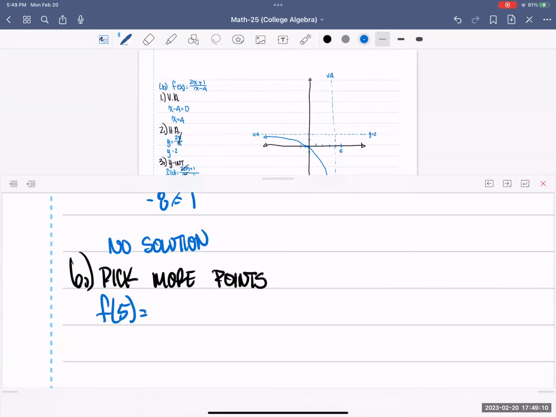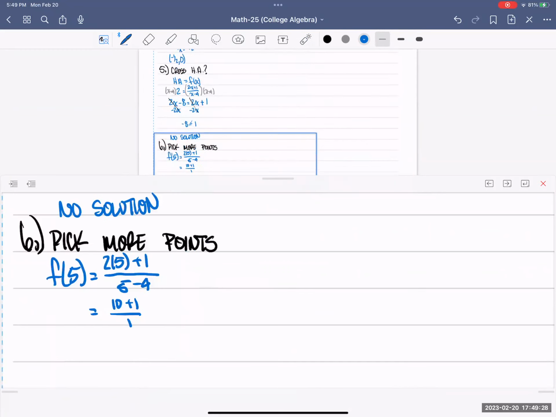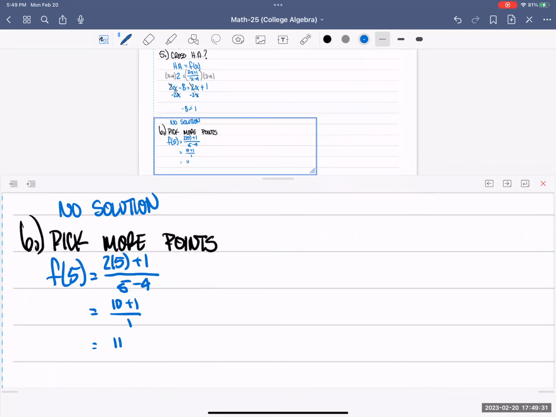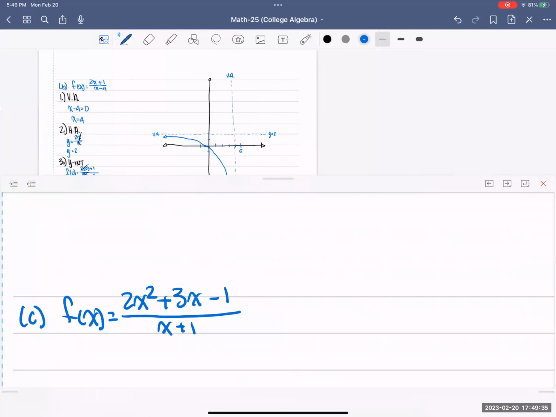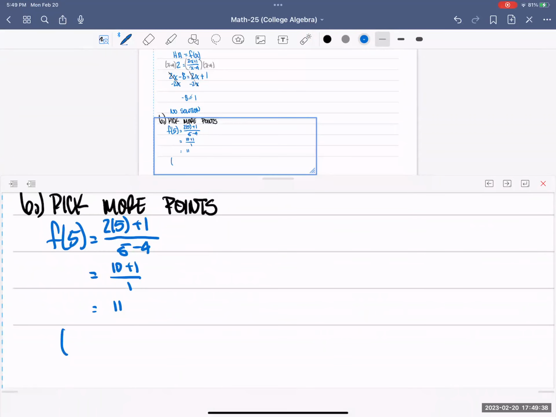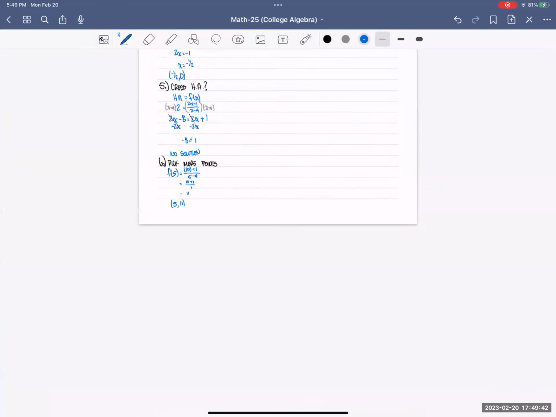So our function up here, we had 2x. Everywhere we see an x, we're going to plug in 5. And then 5 minus 4. So 5 times 2 is 10 plus 1 over 1. This is equal to 11 over 1, or just 11. So this tells us when x is 5, y is 11.